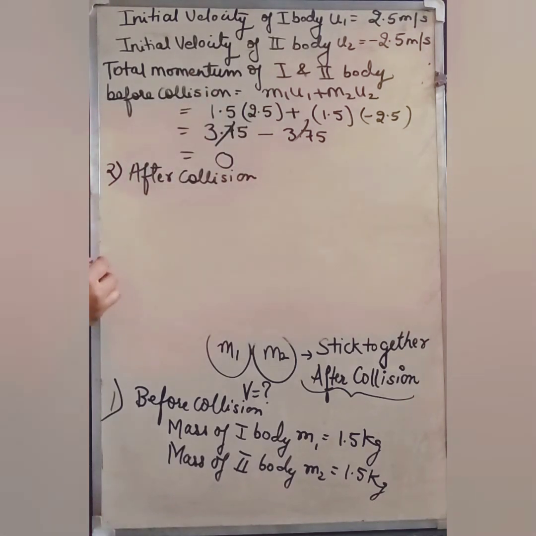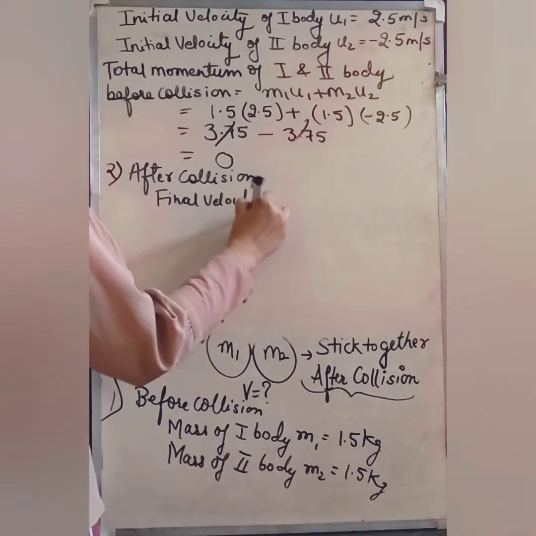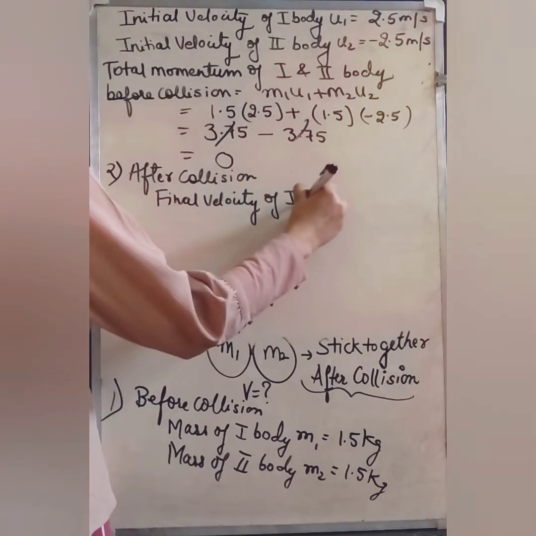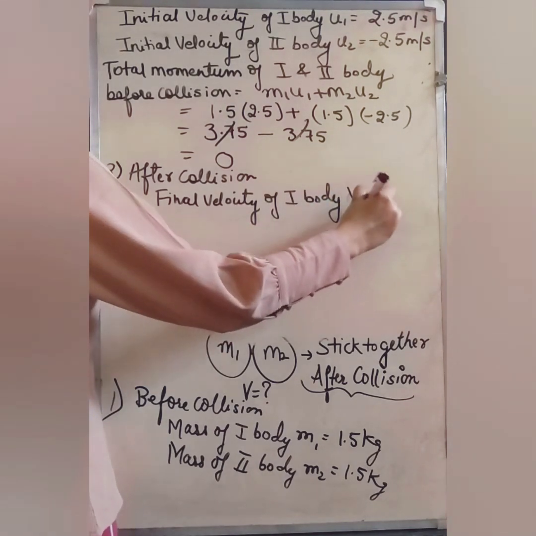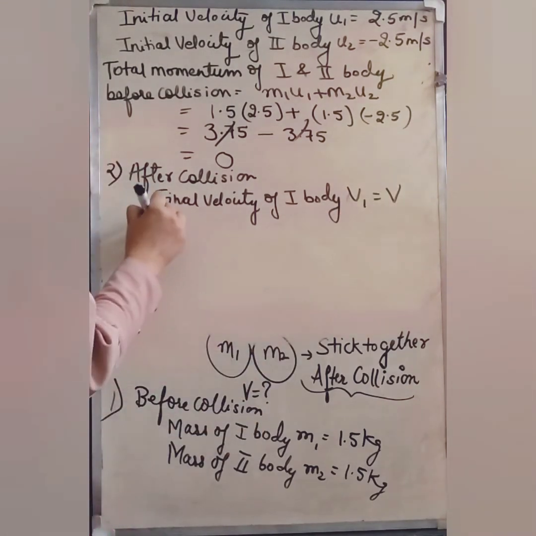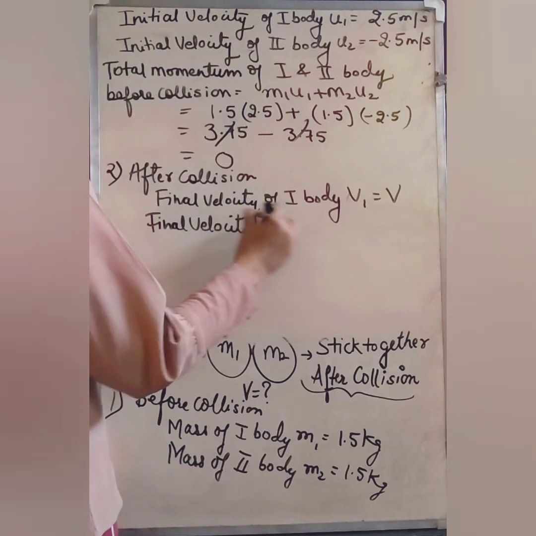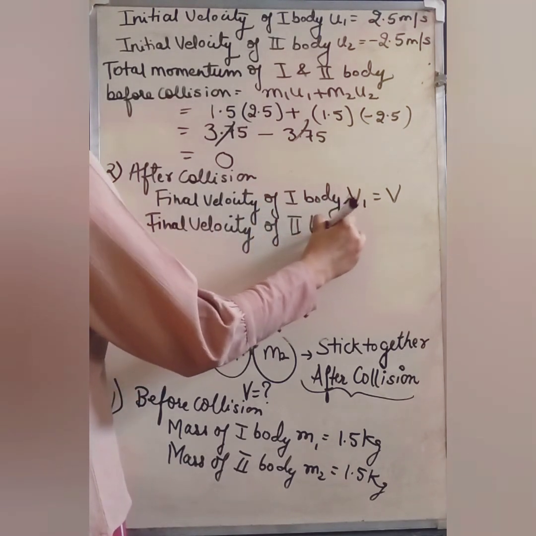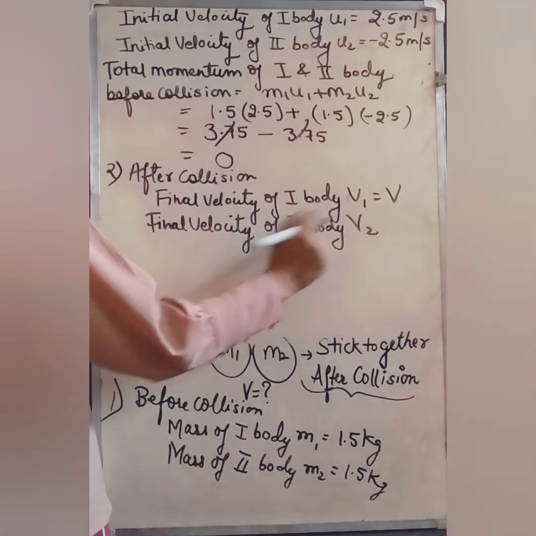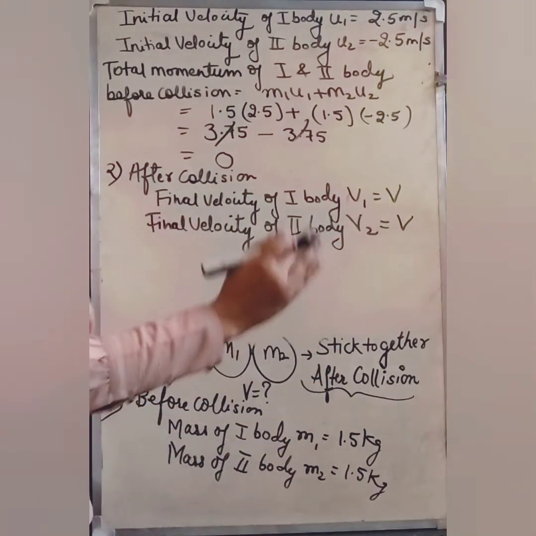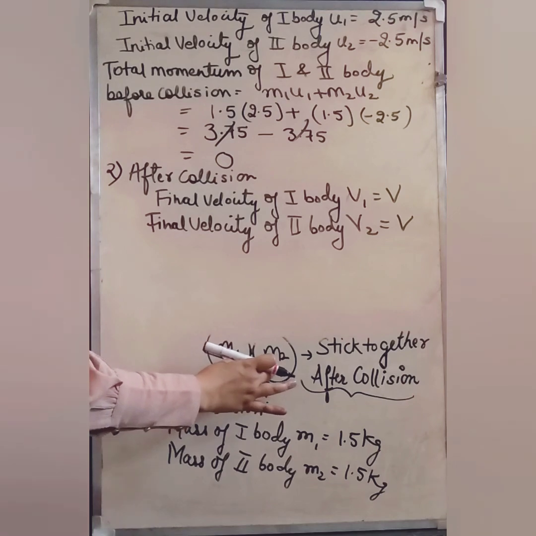After collision, the final velocity of first body is represented by V1 and it is V. The final velocity of second body is represented by V2, V for the final velocity and 2 for the second body, which is also V. Now students, I have taken V for both the velocities because now these two bodies have stuck together.